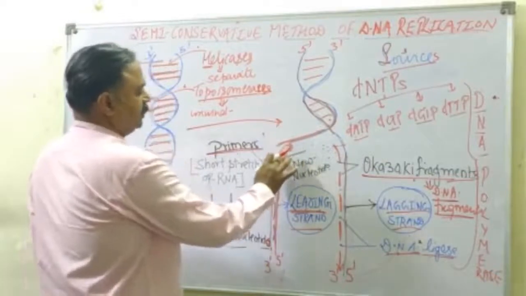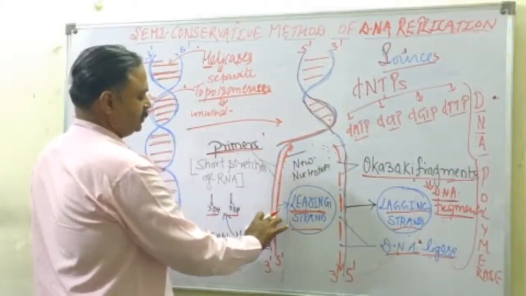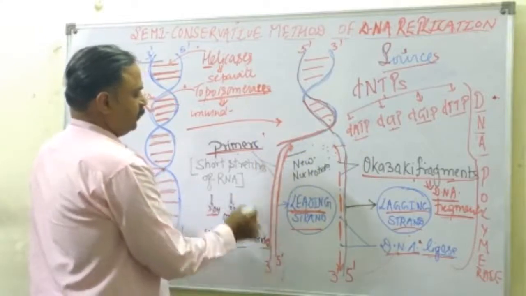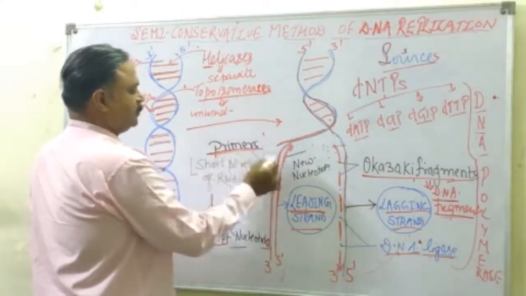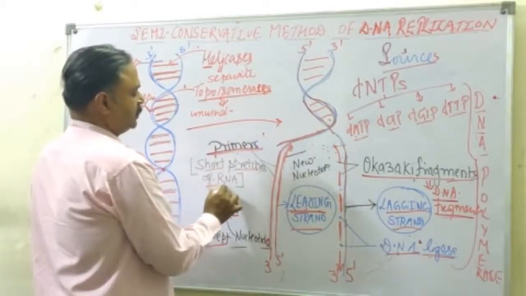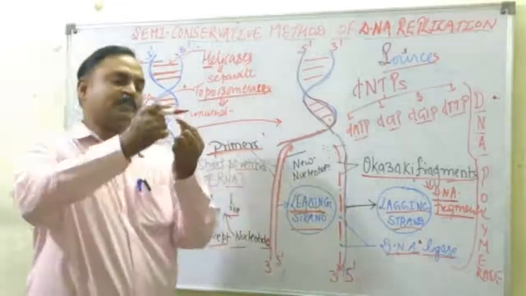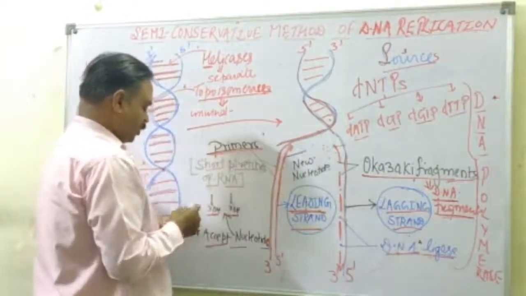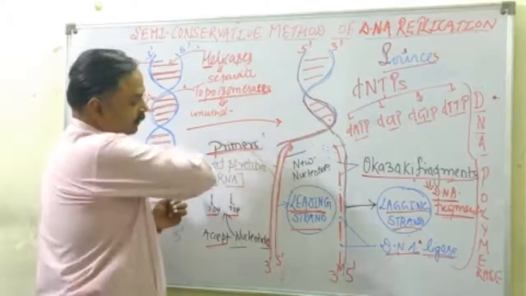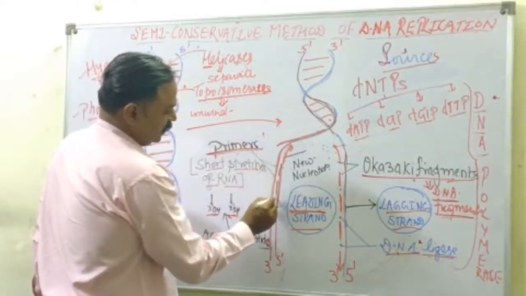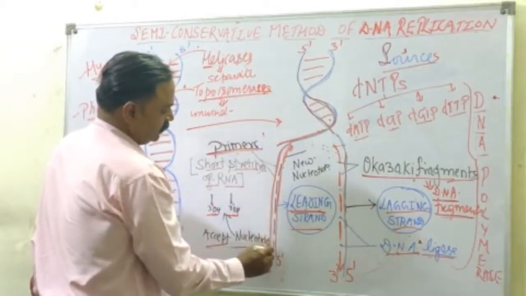On this strand, the left strand, first primers come and line up here. Now what are primers? Primers are short stretches of RNA, like this.